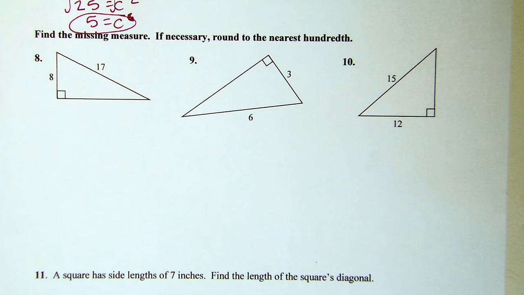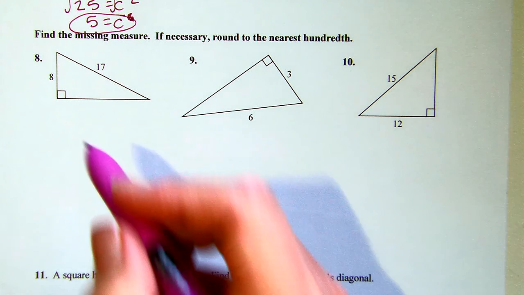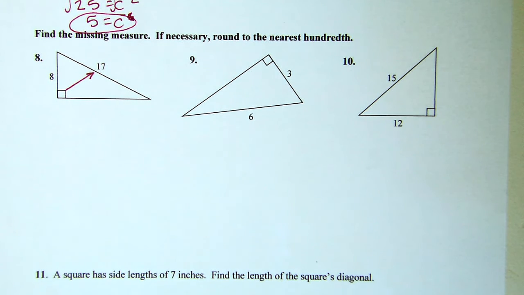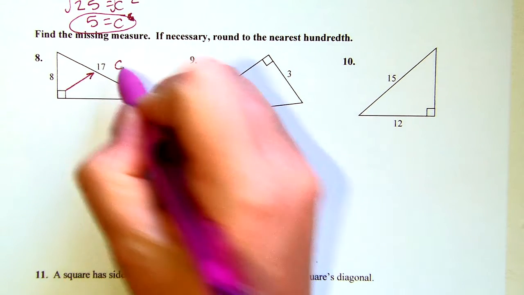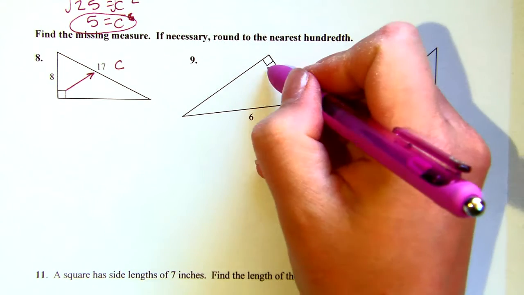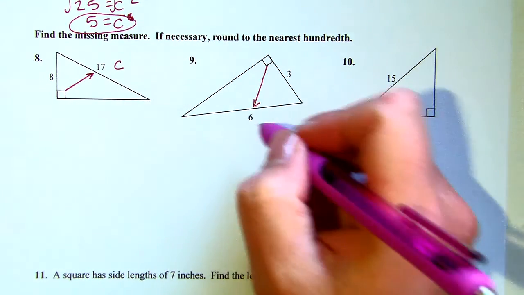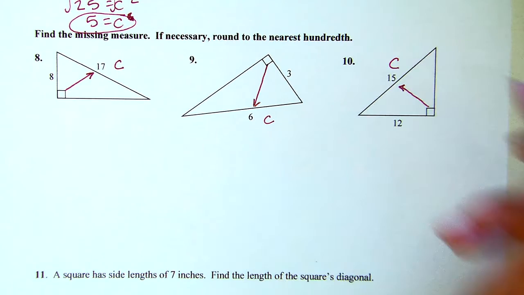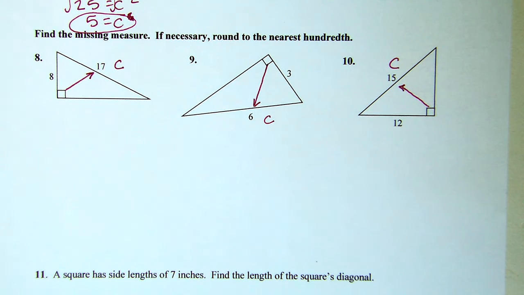So in here, I'm going to go ahead and draw my arrows out from the right angle. And I'm always going to start by identifying what is my hypotenuse. Now I'm going to do that for 8, 9, and 10 before I do anything. So drawing out the angle, that's my C. Drawing out the angle, that's my C. Now that I've gone through and identified what C is, I know that I've got C for each one of these problems, which means now I'm going to have to find a leg.